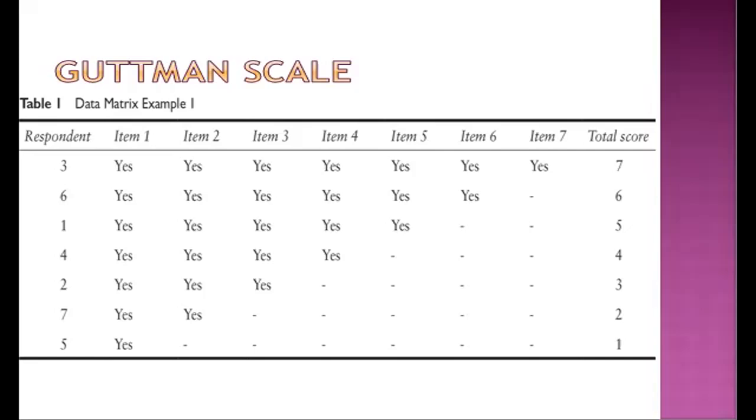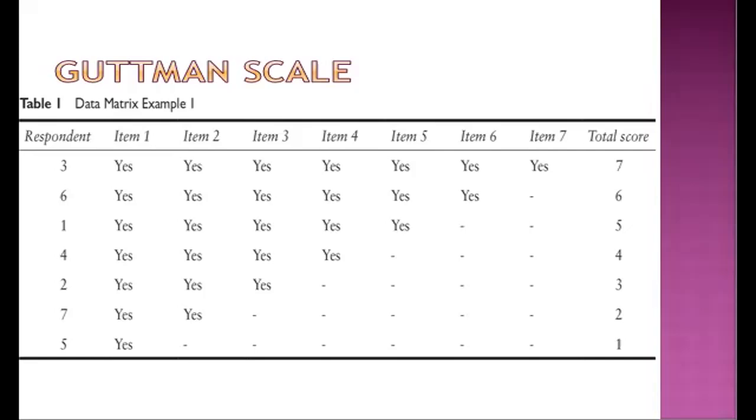For example, respondent number 3 agreed with all of the items indicated, which has a 7 score. And then respondent number 6 only agreed with 6 items. And then respondent number 1 is for 5 items only.